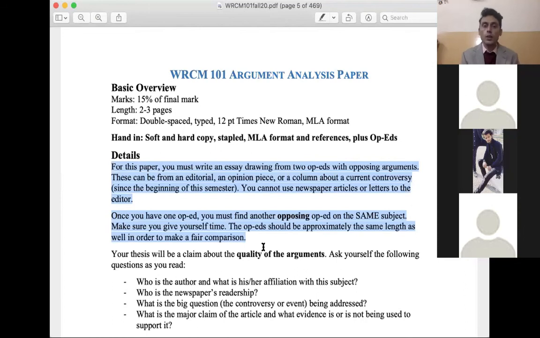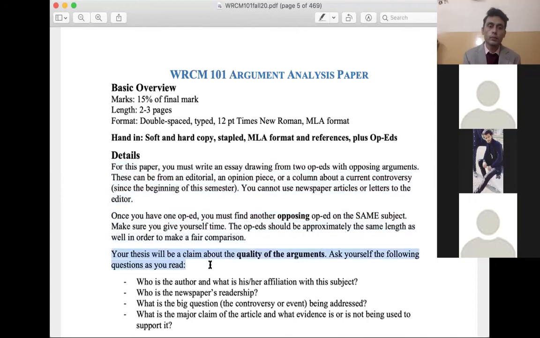What will you write in your assignment? In your assignment, you will write about the quality of the arguments in both editorials. In other words, you will apply the Toulmin method on both articles one by one. You know the Toulmin method is used to analyze arguments in an argumentative piece of writing.